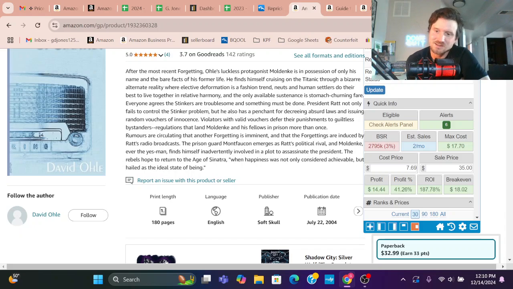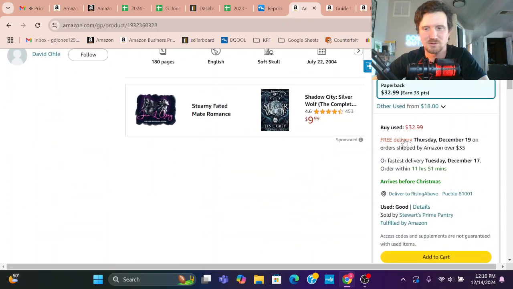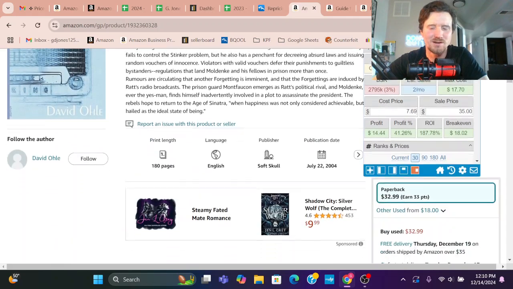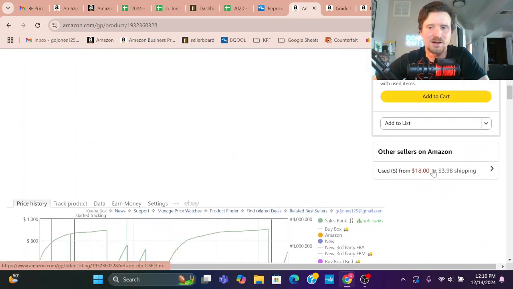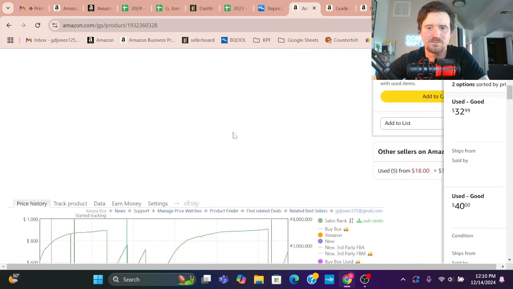This is a situation where I would drop the max price down just to get a little closer to the buy box so I can be a little more competitive, because my repricer, I don't know why, is just ignoring that other FBA offer right here, and it's strange.